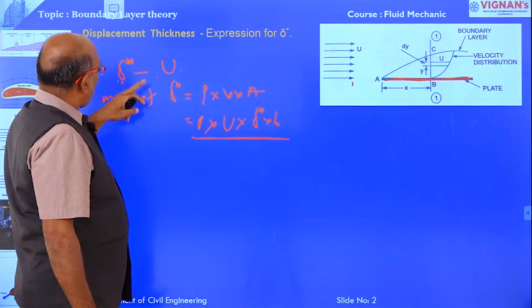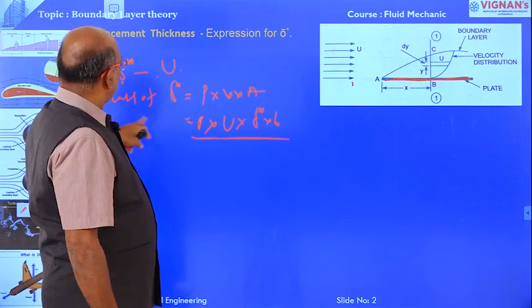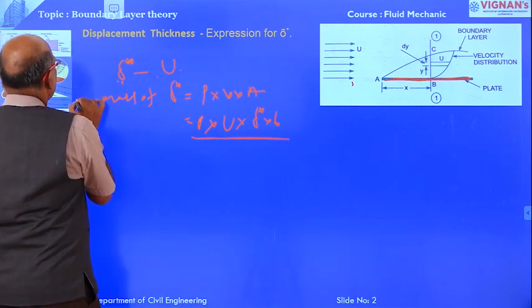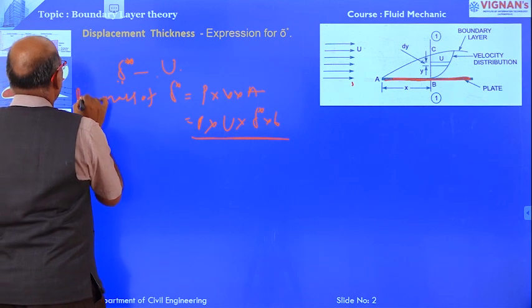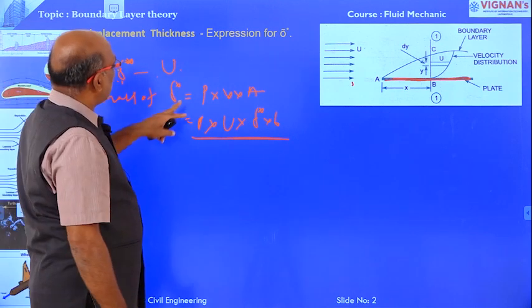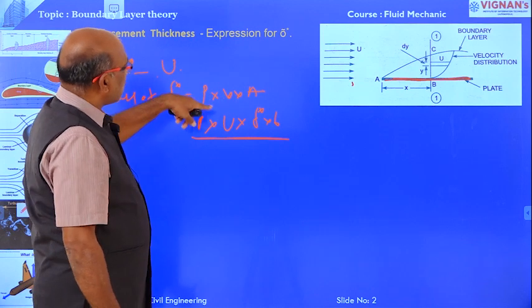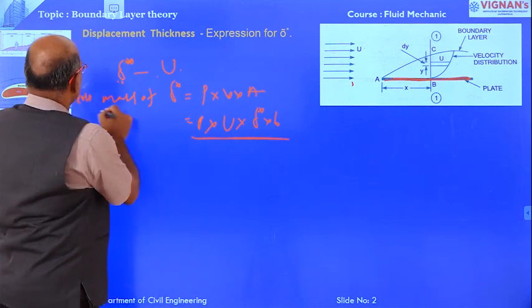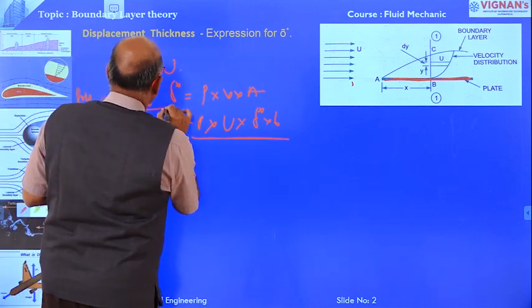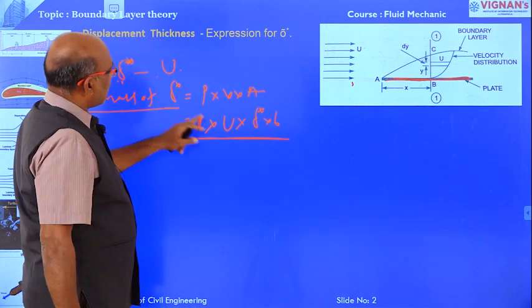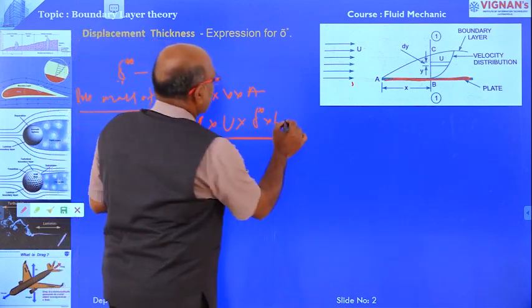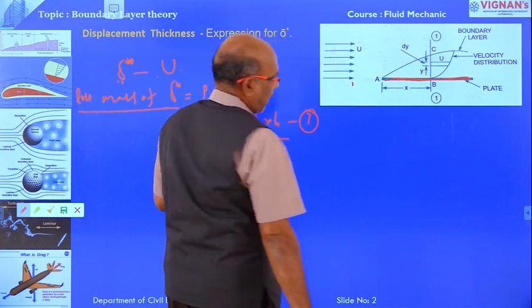This is the mass of fluid if the plate is displaced by a distance of delta star. Also, this is the loss of mass of fluid, because of the compensation of the reduction in the mass of fluid. This is the loss of mass of fluid per second through delta star, so this is equation number 3.